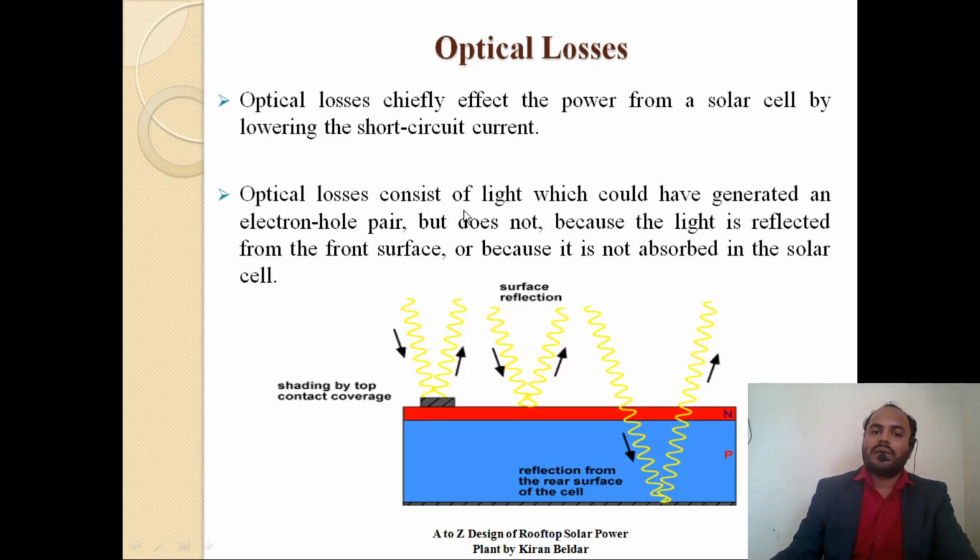Optical losses consist of light which could have generated an electron-hole pair but does not, because the light is reflected from the front surface or because it is not absorbed in the solar cell. As the light is reflected, it is not absorbed in the solar cell, and thus it affects the electron-hole pair generation, and further it affects the electrical parameters.